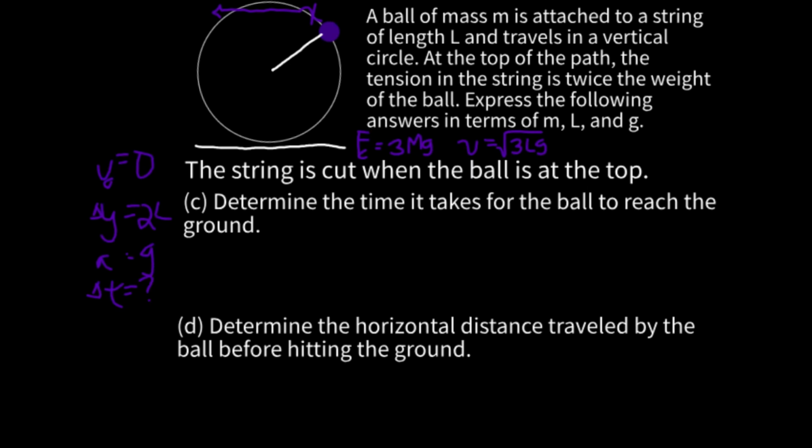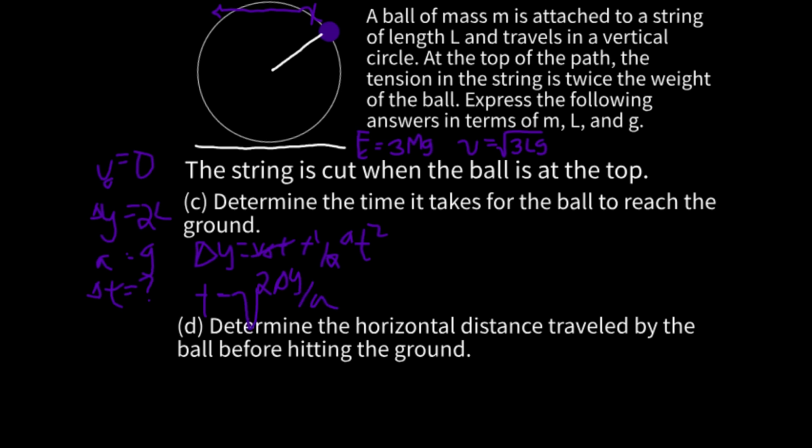So we want an equation with no final velocity, so that will be change in y equals initial velocity times time plus 1/2 acceleration times time squared. Initial velocity is 0, and then we can solve for t to get, or rather, I should say, t equals the square root of 2 change in y divided by acceleration.